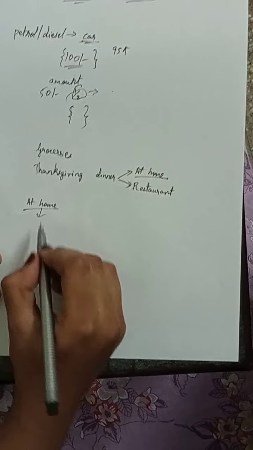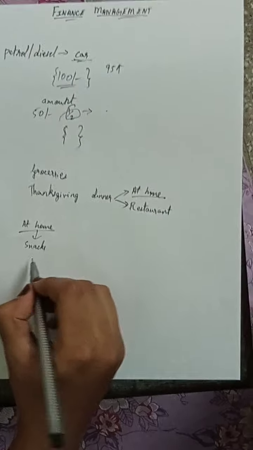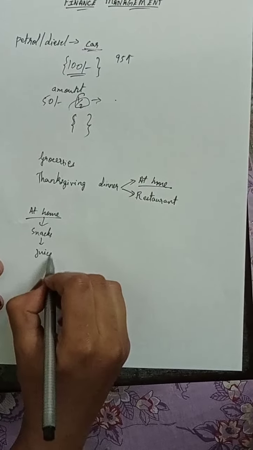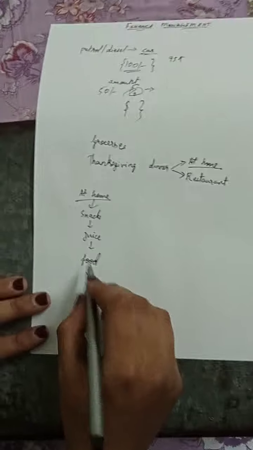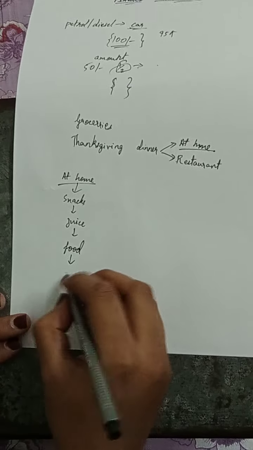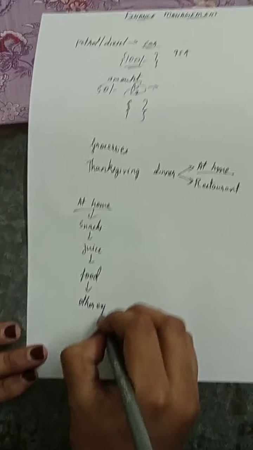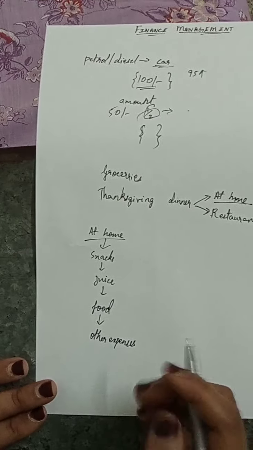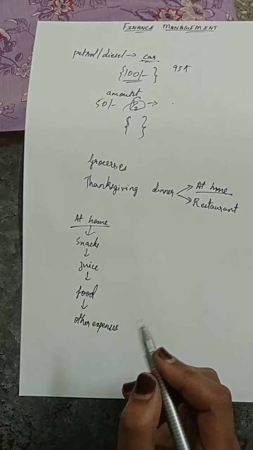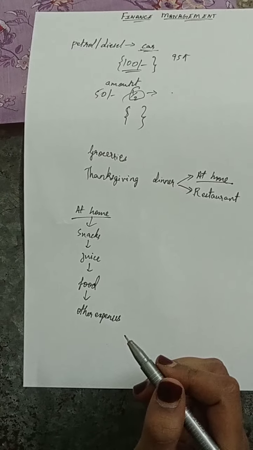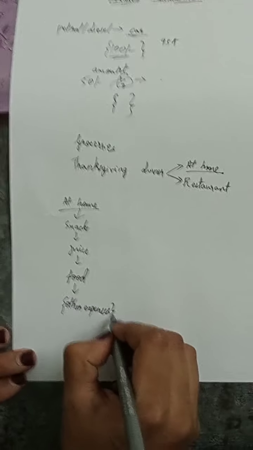So now at home, in the sense, snacks, juice, then obviously food, and apart from that, there is something called other expenses. Other expenses include other stuff, like for an example, the decoration stuff or gifts. So those I'll be considering in other expenses.